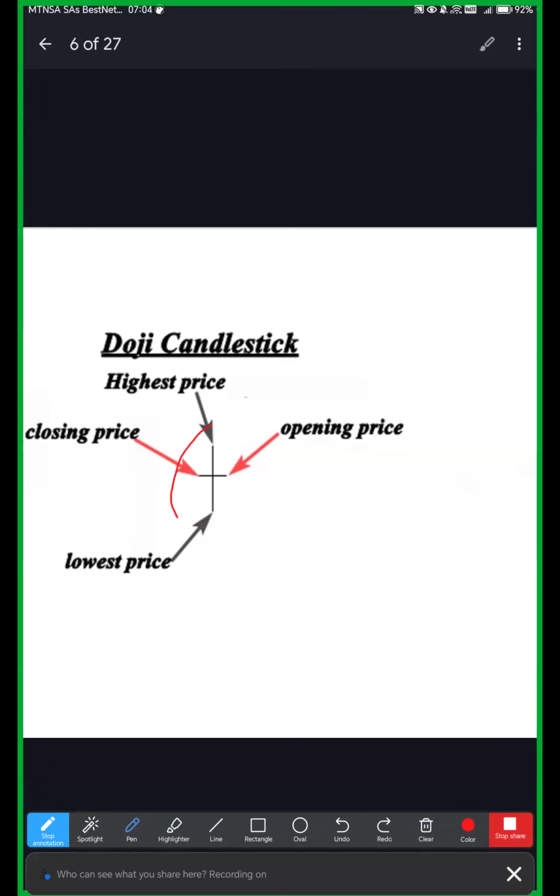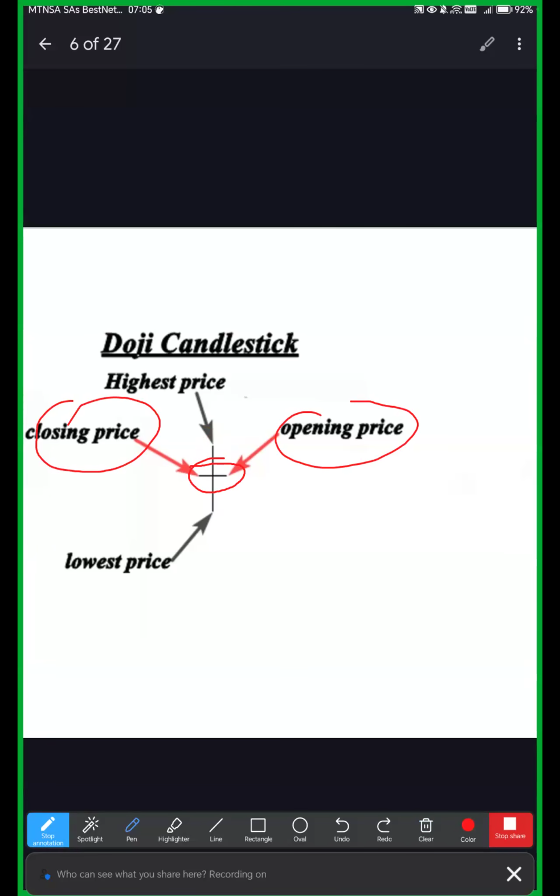When you look at a doji candlestick, you will discover that the pressure on one side and the pressure on the other side is the same, meaning buyers and sellers are meeting at the same price. So the market opens and closes at the same price.